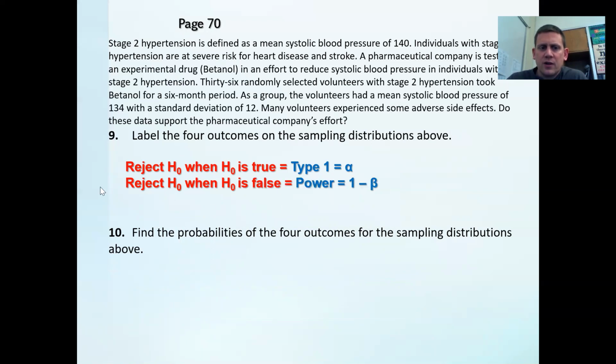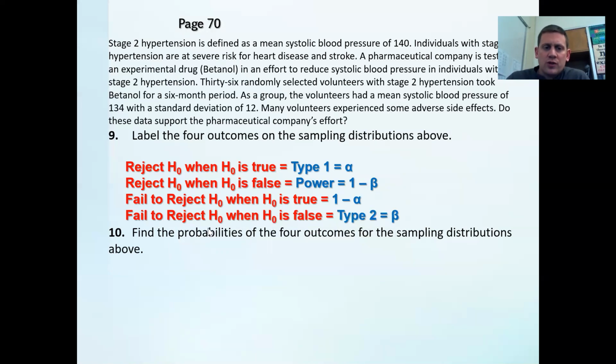It's an incorrect decision. Reject the null when the null is false: that's power, which is 1 minus beta. We fail to reject the null when the null is true: that's 1 minus alpha. And we fail to reject the null when the null is false: that's type 2 error, which is beta. Those are the decisions that we can make.